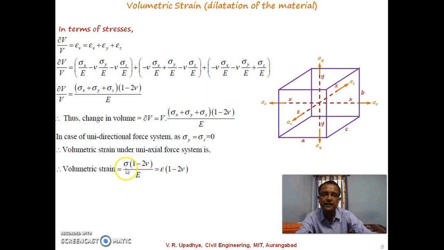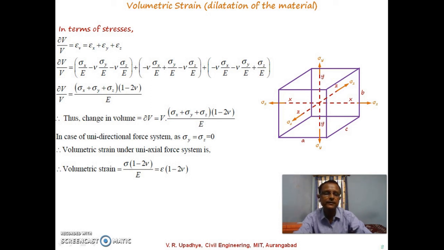This sigma divided by capital E is epsilon in that particular direction, that is the longitudinal strain, along which that sigma exists. So that strain multiplied by 1 minus 2 mu gives us the volumetric strain in case a uniaxial force system is there, or stress is there along a particular axis on that particular system.